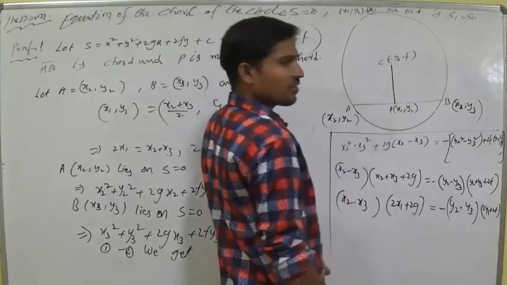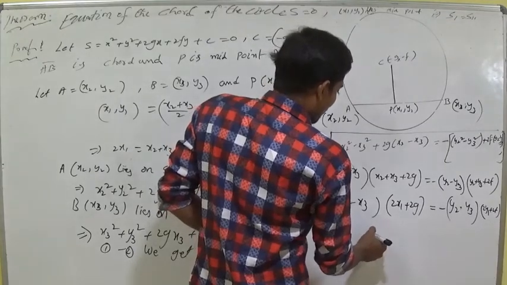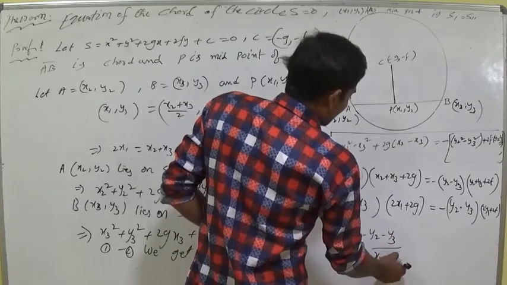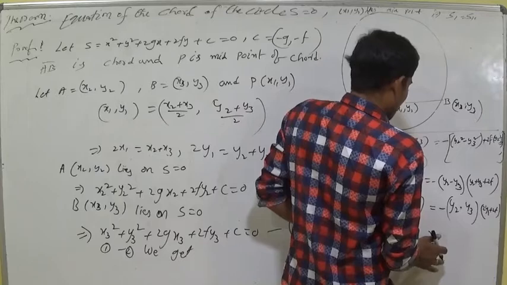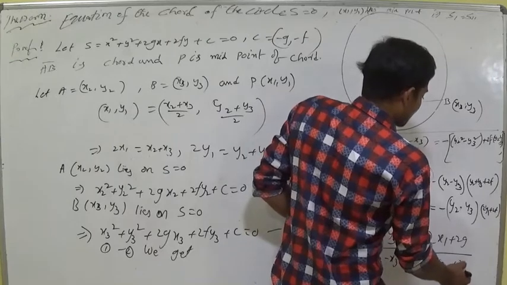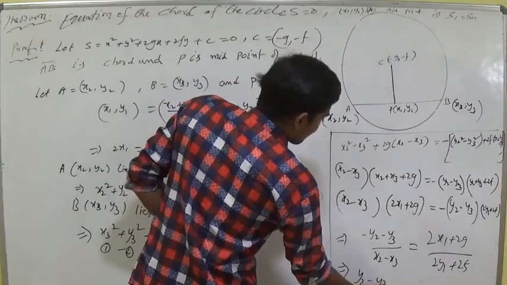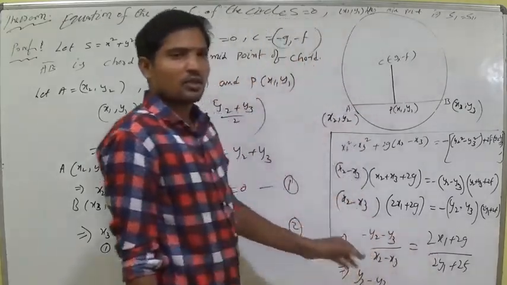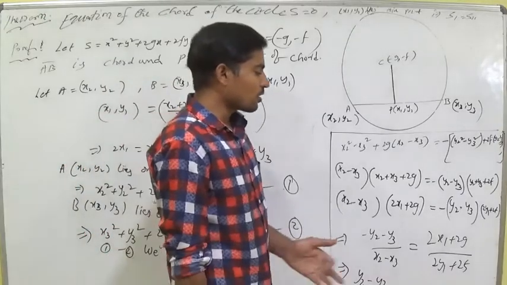Now the difference between y coordinates by the difference between x coordinates, that implies minus (y2 minus y3)/(x2 minus x3) equal to (2x1 plus 2g)/(2y1 plus 2f), which implies (y2 minus y3) equal to (x2 minus x3) times; take 2 as common, then x1 plus g is the numerator and y1 plus f is the denominator. 2 is going to be cancelled.